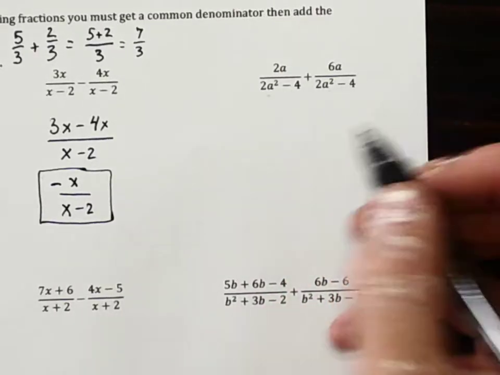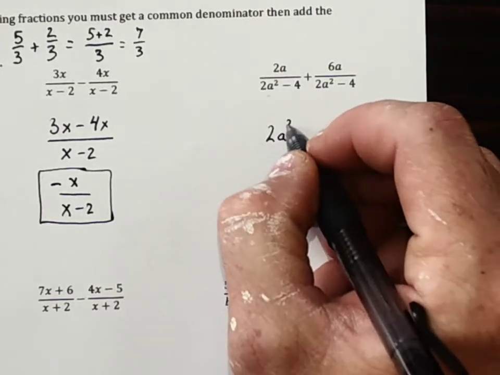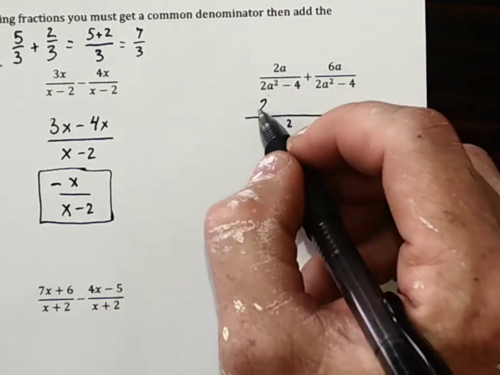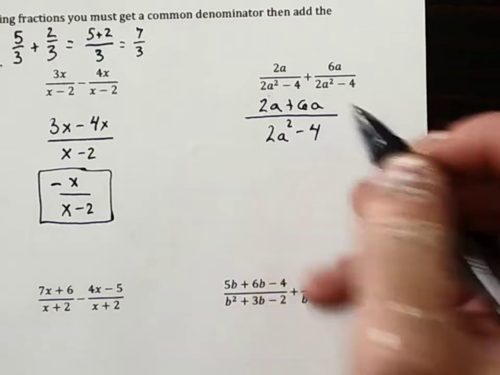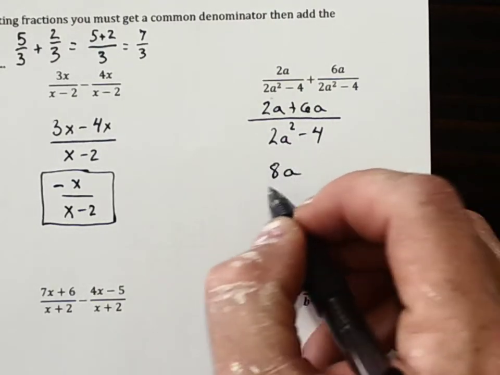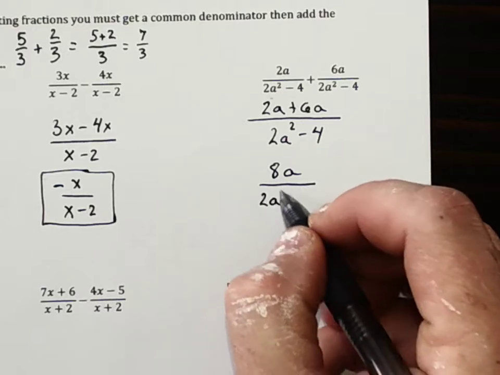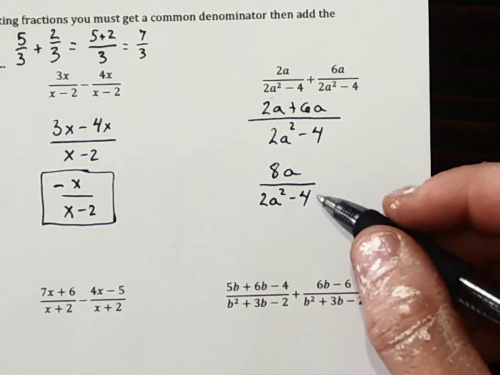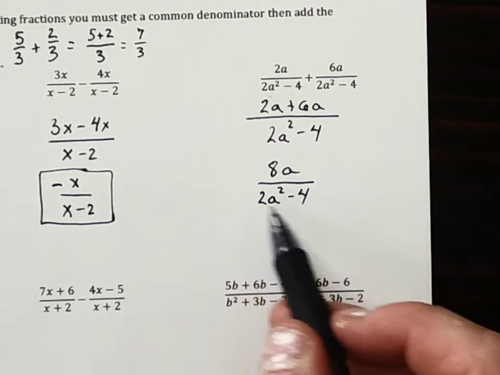They have a common denominator. So it's 2a squared minus 4. On the top, we have 2a plus 6a. So 2a plus 6a is 8a over 2a squared minus 4. Now, this can simplify a little further. This down here can factor.